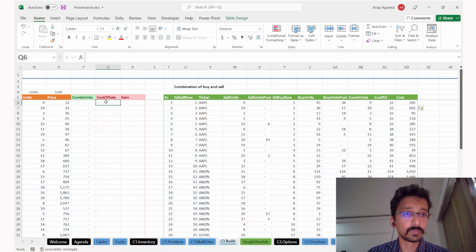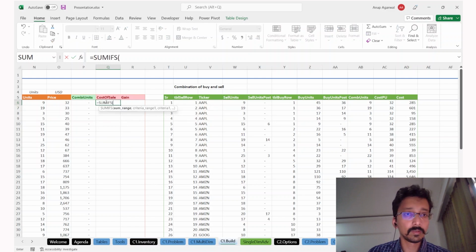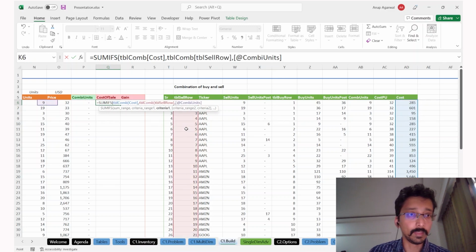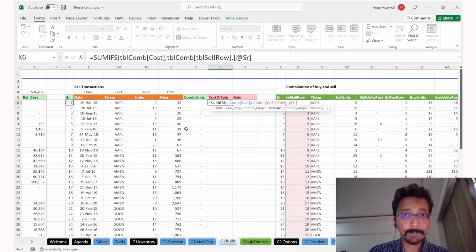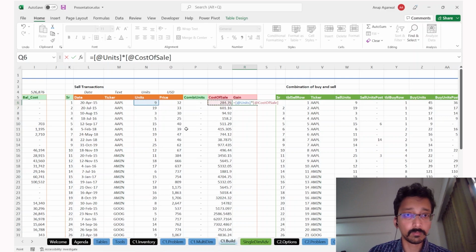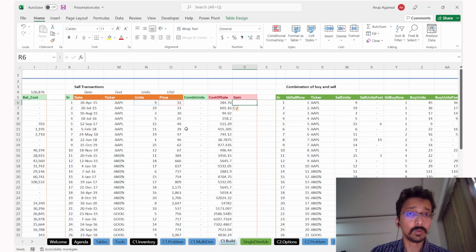And so the cost of sale is sum ifs, all this cost of all these sales. And so the gain is, let's say, this multiplied this. This is what you sold it for.